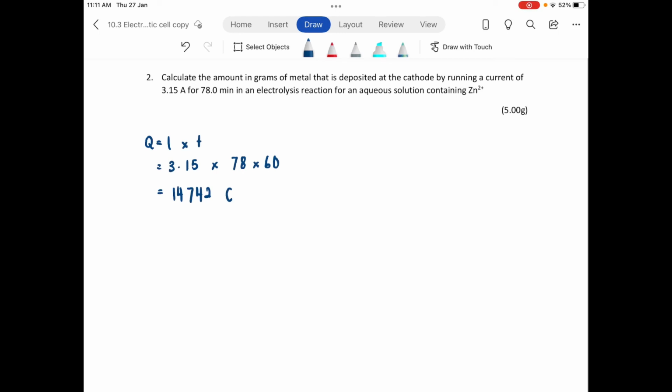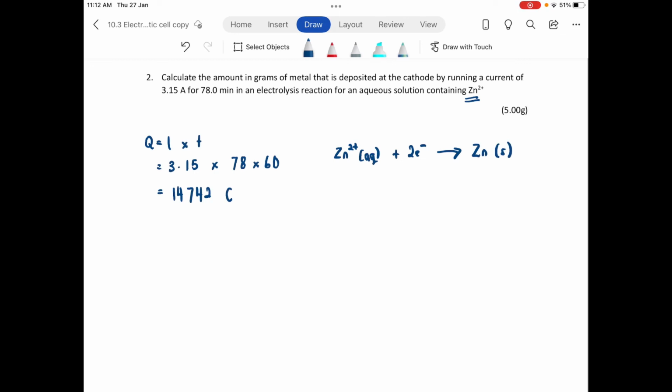Then how do we relate it to our electrolysis, because our electrolysis uses zinc? We have to know how much electron is involved in the reaction. How do we know? We have to find the equation for reduction of zinc from zinc 2 plus. If we have zinc 2 plus solution, we will need 2 electrons in order to form 1 mole of zinc solid.